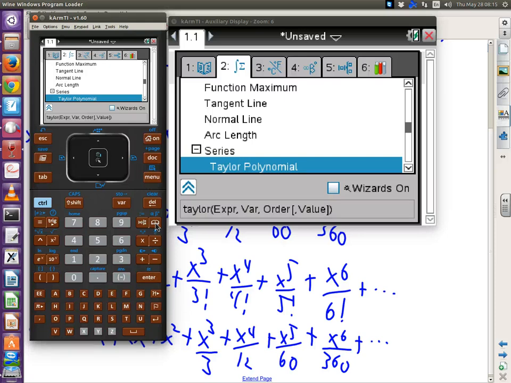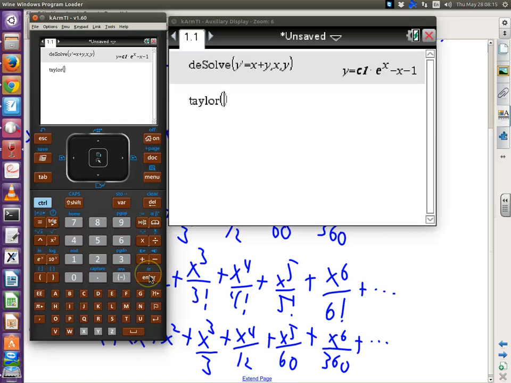So let's see if we can figure that out. If I want, say, a series for e to the x, let's see if we can recognize this. E to the x, no. Delete it. E to the x. All right, get out of the exponent, comma, x, comma, the order that you want.